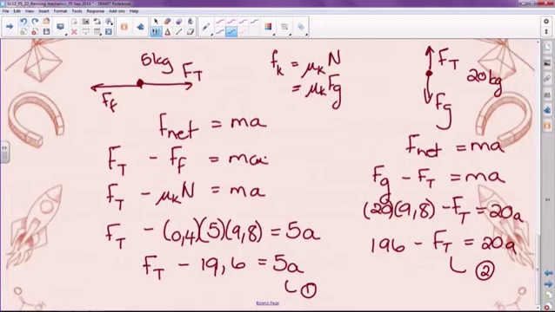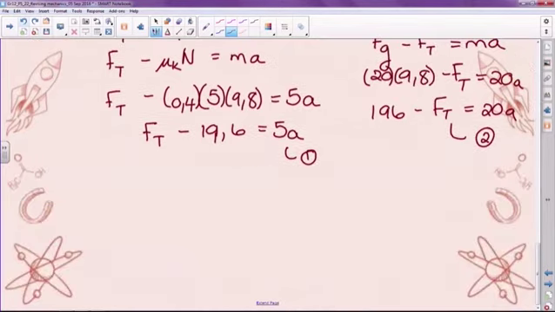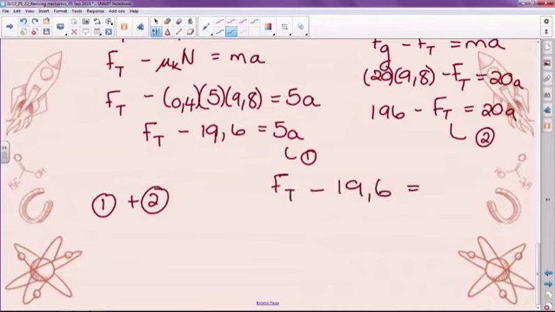The next mark is being able to solve for a. How you do this is up to you. In my own school, myself and a colleague teach this very differently. But I tell my learners to always add the two equations. So you go Ft minus 19,6 equals 5a, and then 196 minus Ft equals 20a.